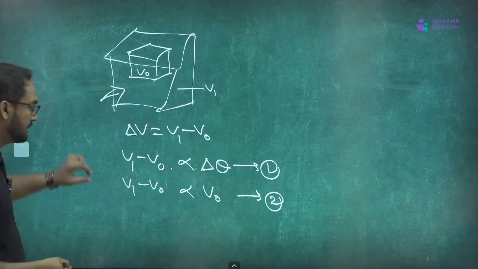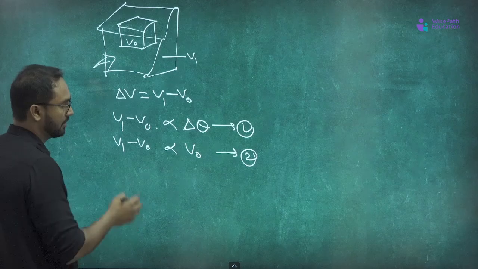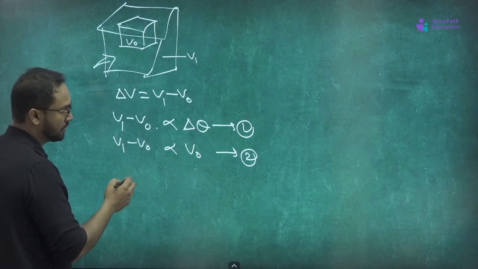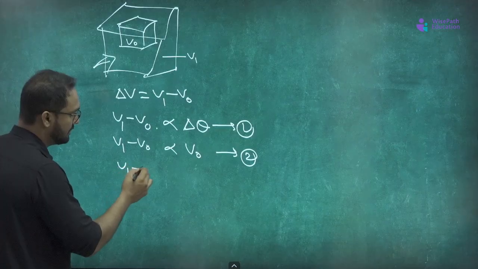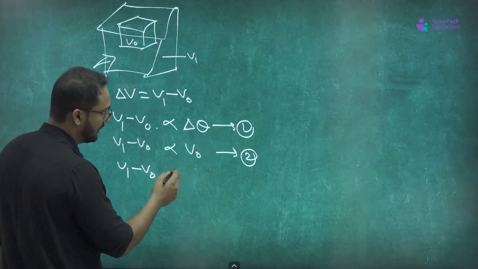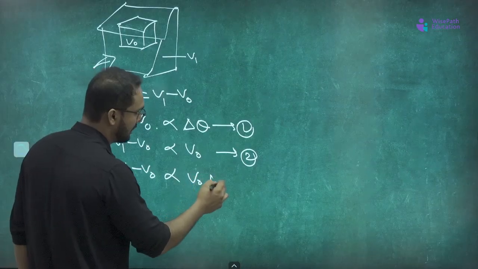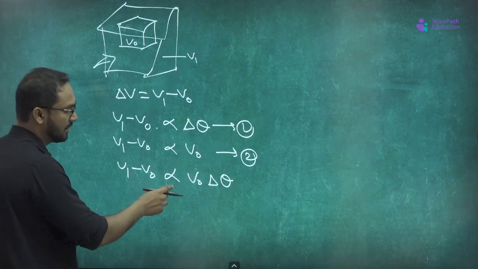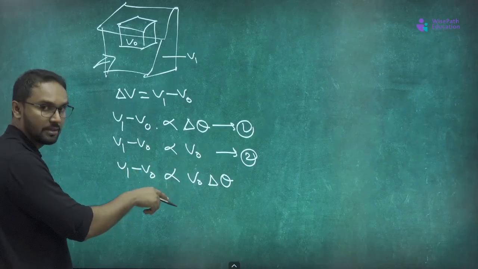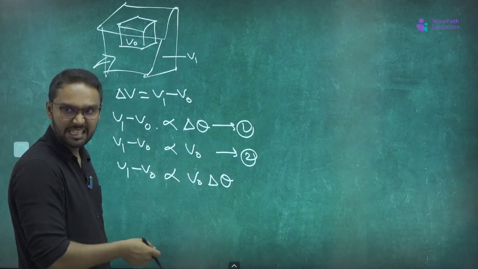So what did I do next? I took the two proportions to one, that is, V1 minus V naught is proportional to what? V naught delta theta. And what did I do next? Instead of the proportion, I converted the proportion into an equation, right?